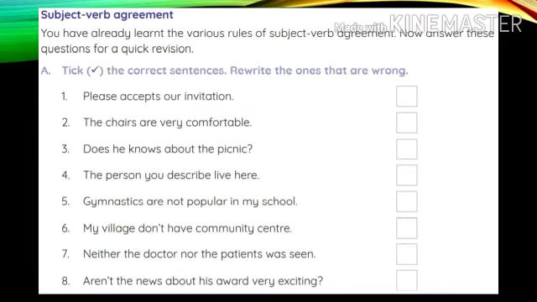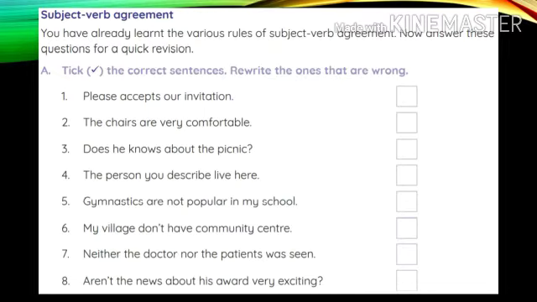If the sentence is correct, if the subject is in agreement with the verb, it is enough that we put a tick, or else we need to rewrite the sentence. First one, please accept our invitation. Here it is written accepts, but it is please accept.